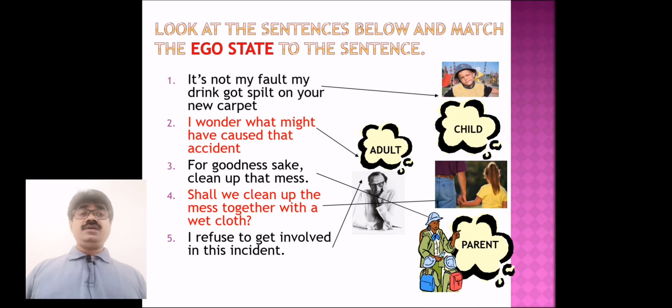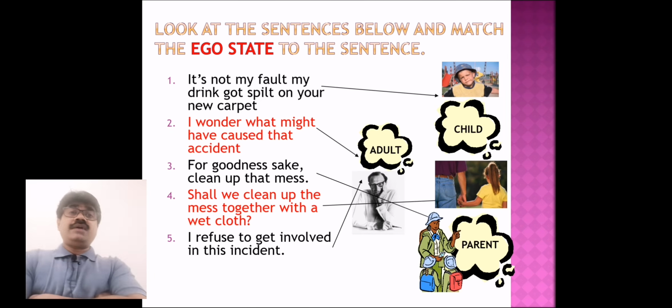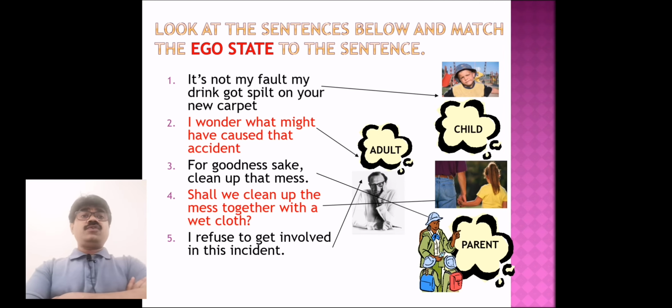That's a child ego, admitting it's not my fault. Then you say, "I wonder what might have caused that accident." Same incident, but you're behaving like an adult, understanding it's an accident. Then you say, "Oh, for goodness sake, clean up the mess." You're behaving like a parent.